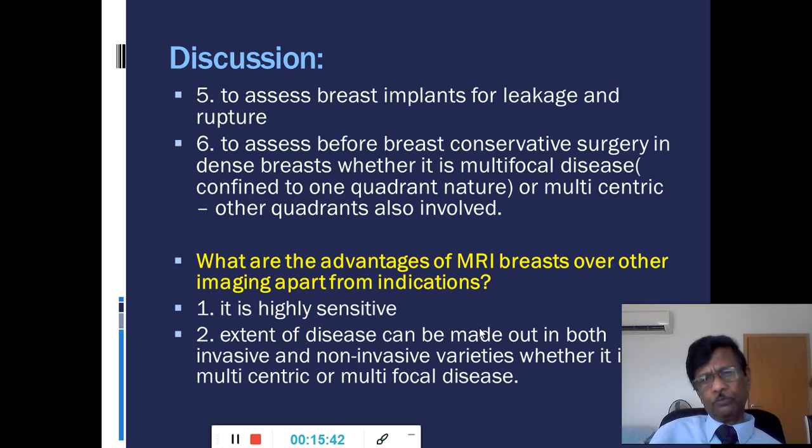The extent of the disease can be made out. That is number one. We can make out whether it is invasive or non-invasive with the MRI, and also whether it is a multicentric disease or a multifocal disease.